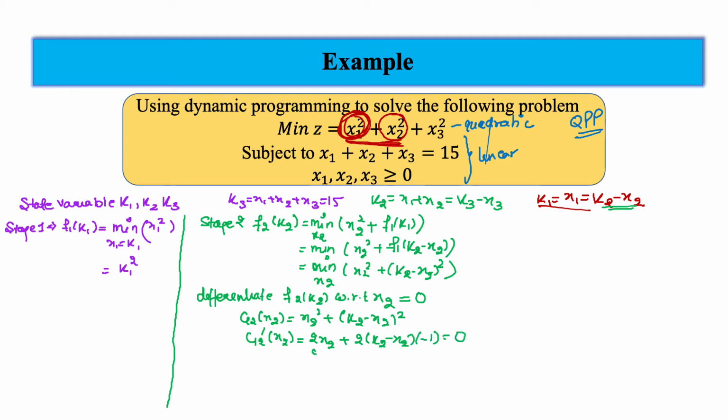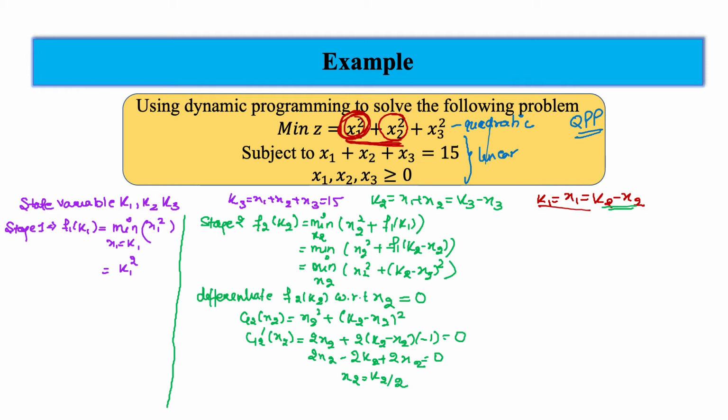Now we solve it. 2x2 plus 2k2 minus 2x2. Now minus sign is there, so this point will become minus, and here we are having plus sign, is equals to 0. So when you solve it, you will get the value that x2 is equals to k2 by 2.